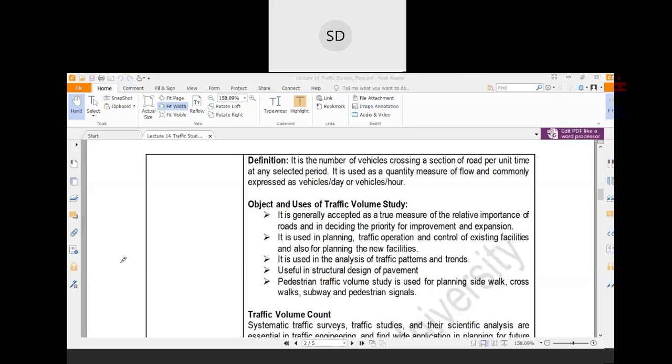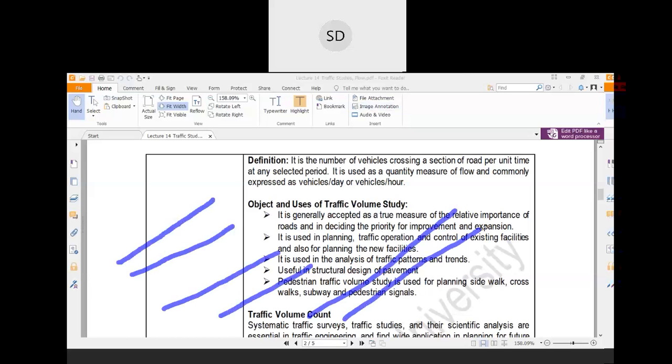Suppose there are two or three roads. If we compare these roads, we can compare the importance of the road in terms of traffic flow. If the traffic flow in a particular road section is higher than the other roads, in that case that particular road section is much more important than the other road sections.